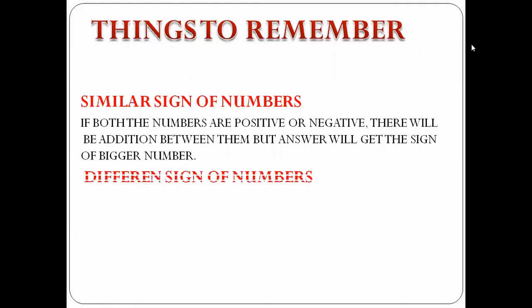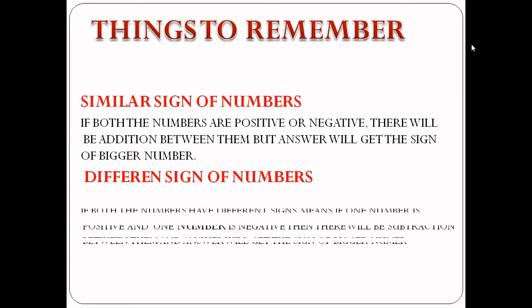Now, another thing that we need to remember: if two numbers are given and both the numbers have different signs, if one positive number and one negative, or one negative and one positive, then there will be subtraction between them.